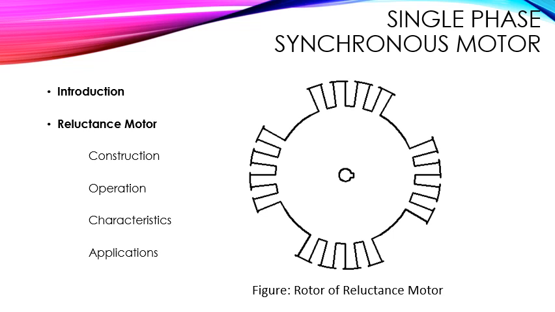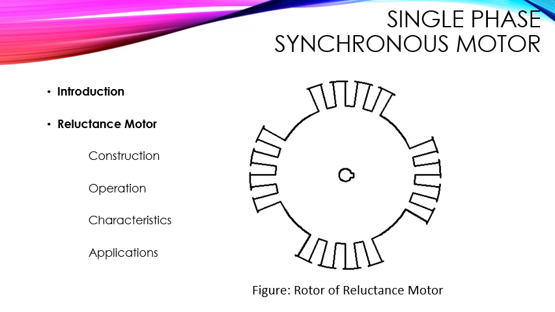The salient squirrel cage rotor of the reluctance motor is constructed by removing some of the teeth from the standard squirrel cage rotor, and the remaining teeth form the salient poles, as shown in the figure.